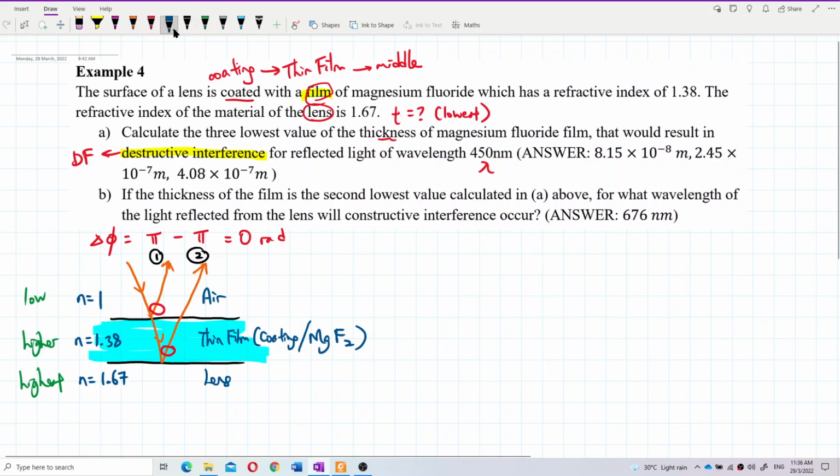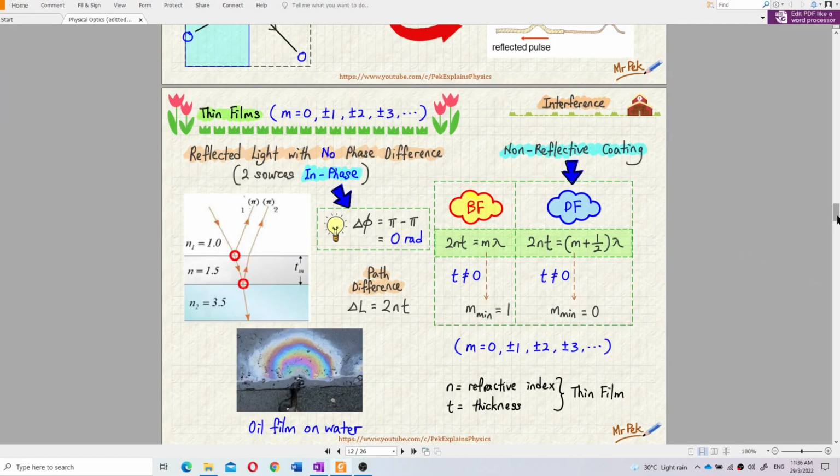So this is about two in phase sources. When talking about two in phase sources, very simple. Go back to our notes.